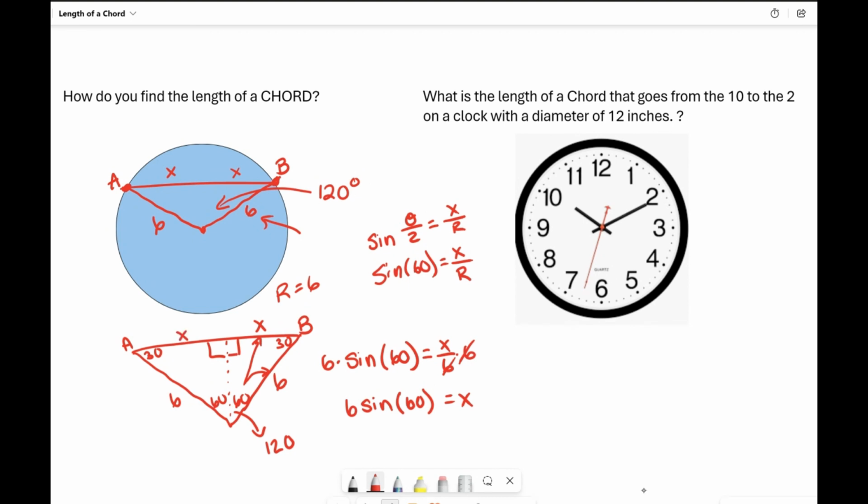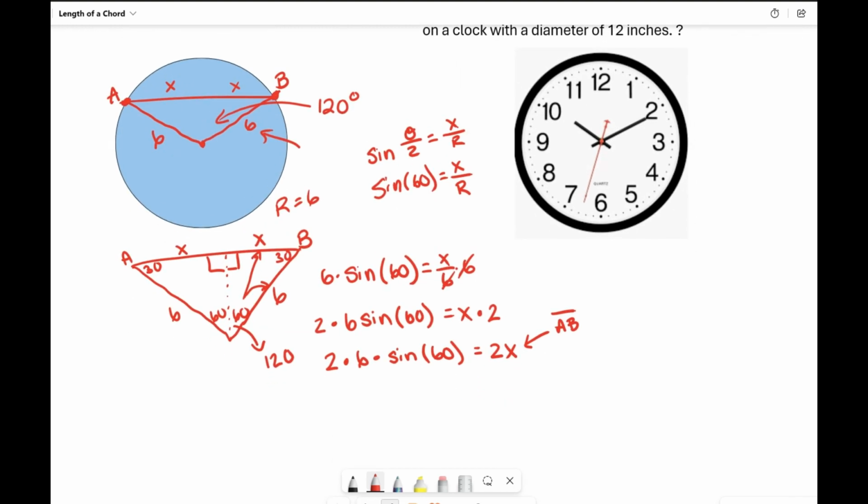So we're going to multiply by 2 to get 2x, which gives us 2 times 6 times the sine of 60 equals 2x. And 2x is the chord.